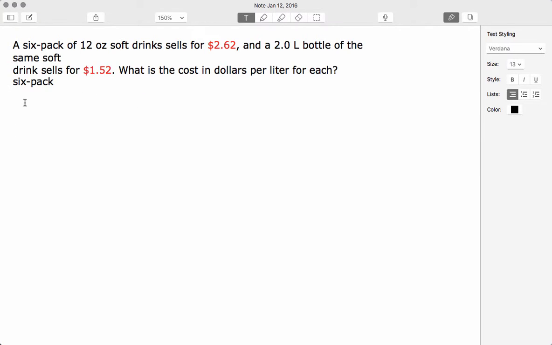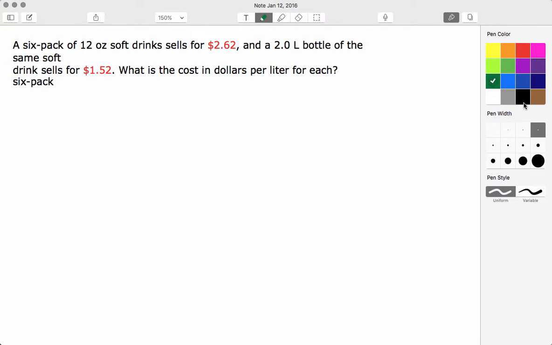So I'm going to solve this first one a couple of different ways. I'm going to start by setting up some of my own conversion factors and my own equalities. This one reads a 6-pack of 12-ounce soft drinks. So we're going to put 6 cans, I'm guessing it's cans.